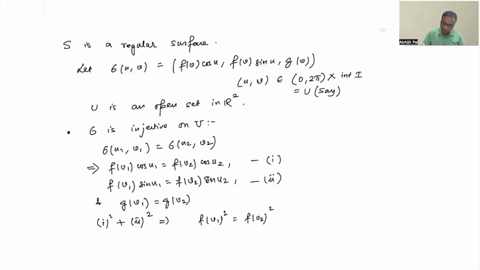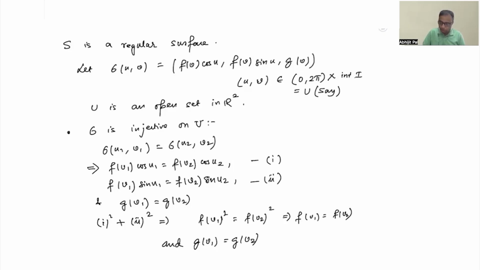And also g(v1) is equal to g(v2). And this f, we have taken to be positive, so this will imply that f(v1) is equal to f(v2).